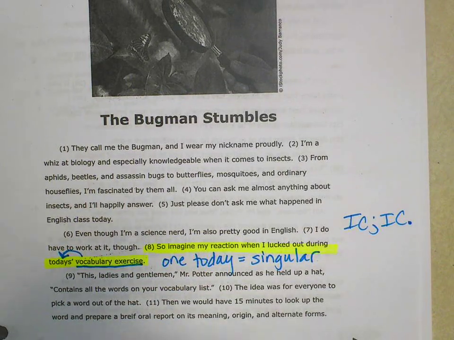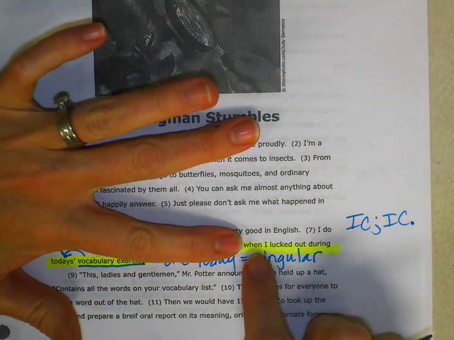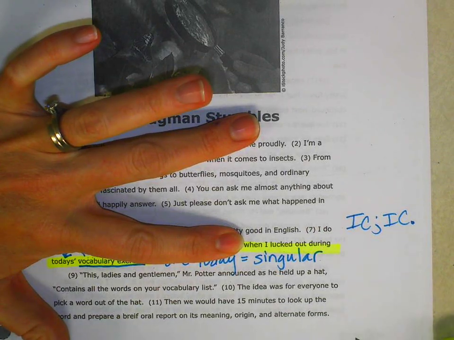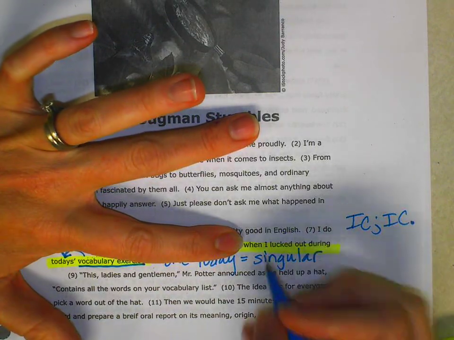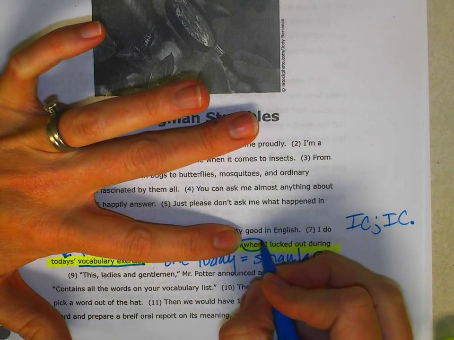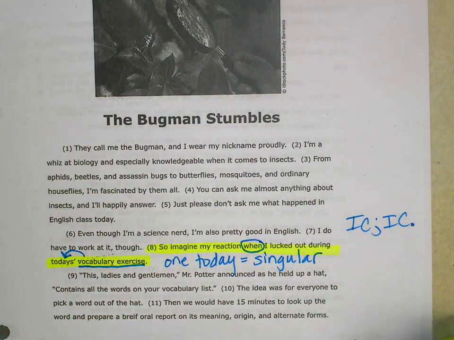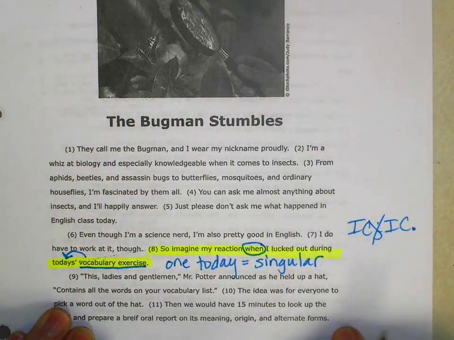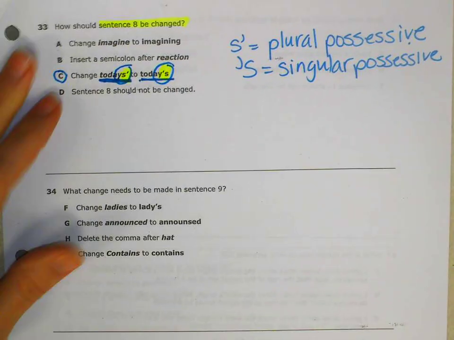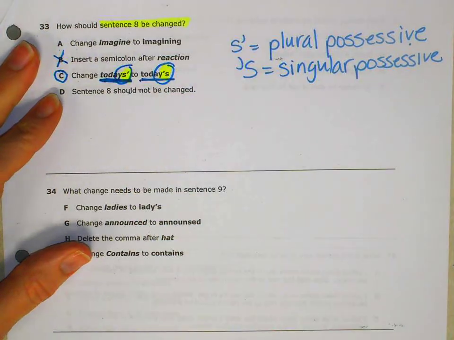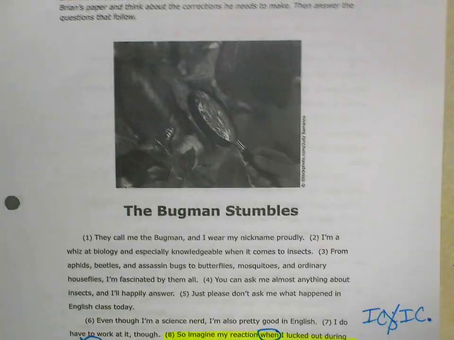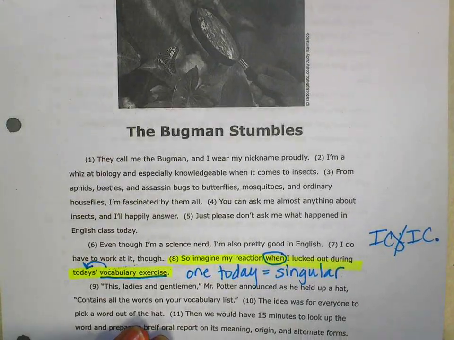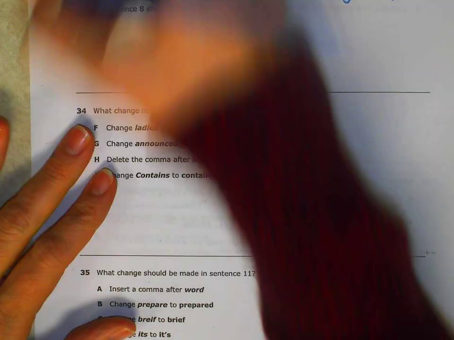If I cover this up, when I lucked out during today's vocabulary exercise, is that an IC? No, it's not. It's a DC. We should have noticed this as a white bus word, and that's not an IC, so we don't need the semicolon. And then imagining my reaction when I lucked out during today's vocabulary exercise is not the right answer either.